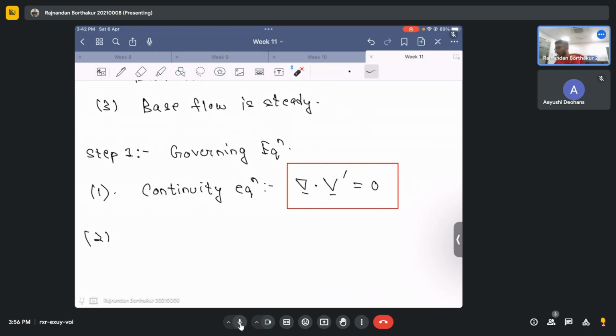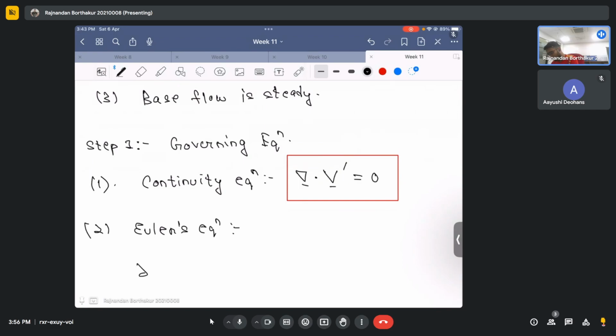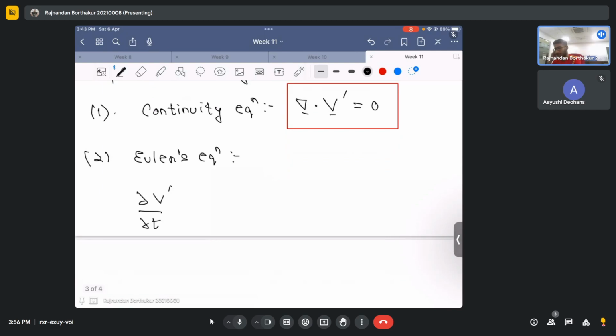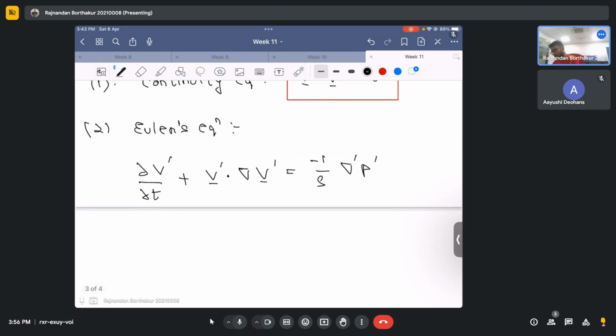Then, as you said, we have the Euler equation, which you know is basically this: del V by del t of the total variable plus V dot grad V, as you have seen it multiple times, equal to minus 1 upon rho times the gradient of the pressure. I hope these equations are clear to you.